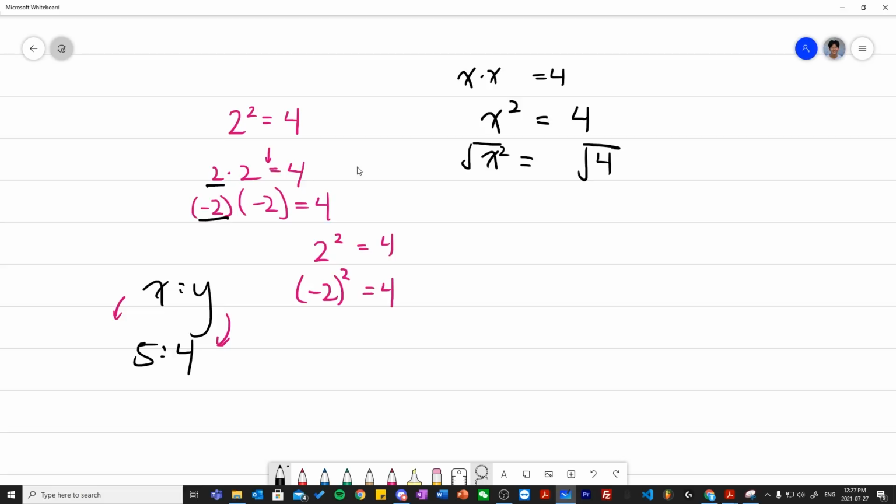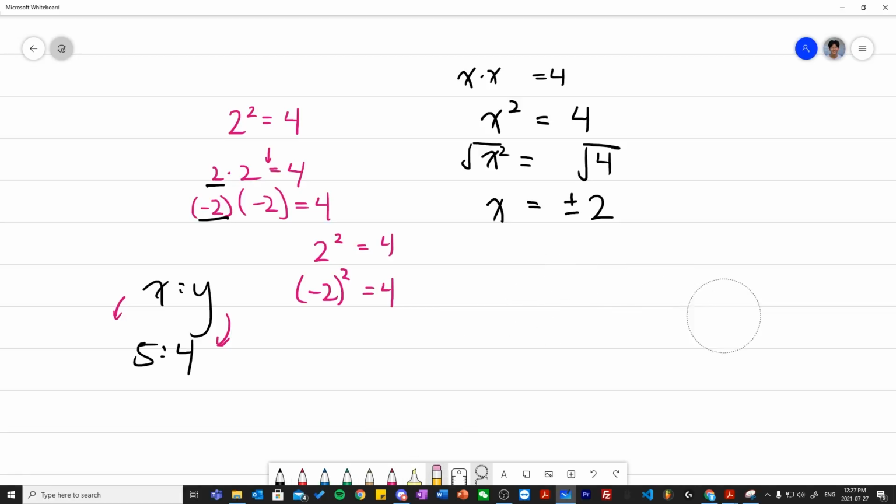Because we know it could be positive or negative, we write plus or minus 2. X equals plus or minus 2. So x could either be 2 or -2. Both of them work, so there can be two answers for x.